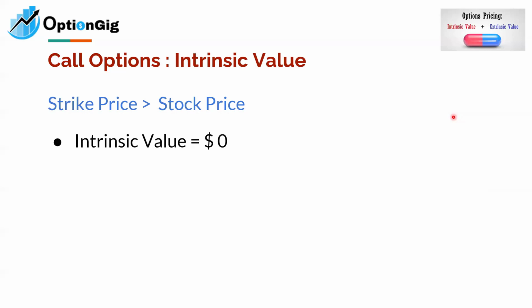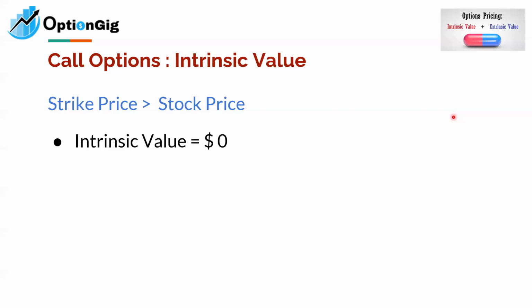So for call options, if the strike price is greater than the stock price, the intrinsic value is 0. Call options allow the buyer to buy the stock at the strike price. As an astute trader, I will never buy the stock at the strike price if it is higher than what the stock is available for in the market.